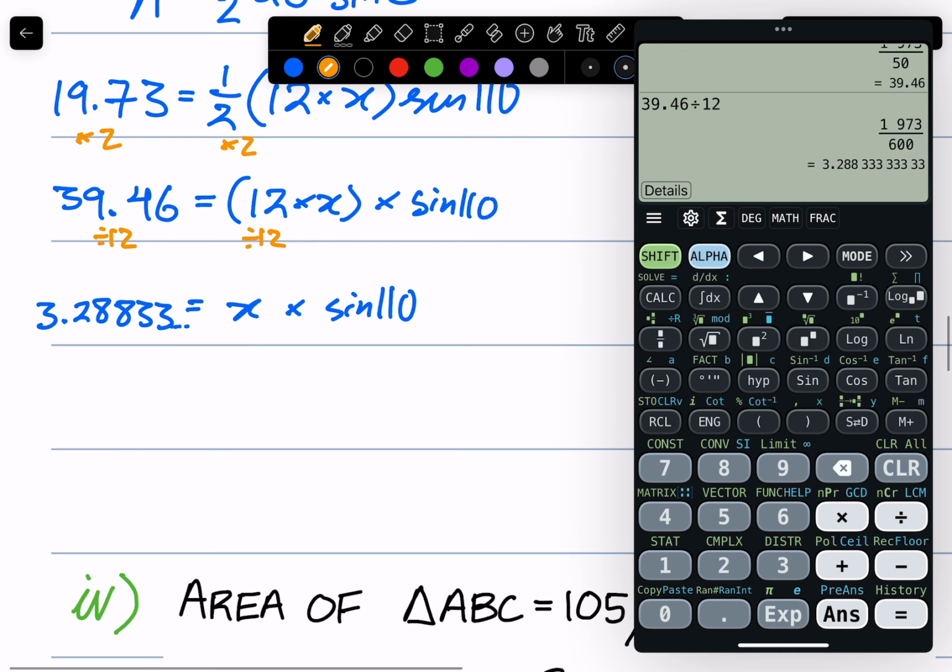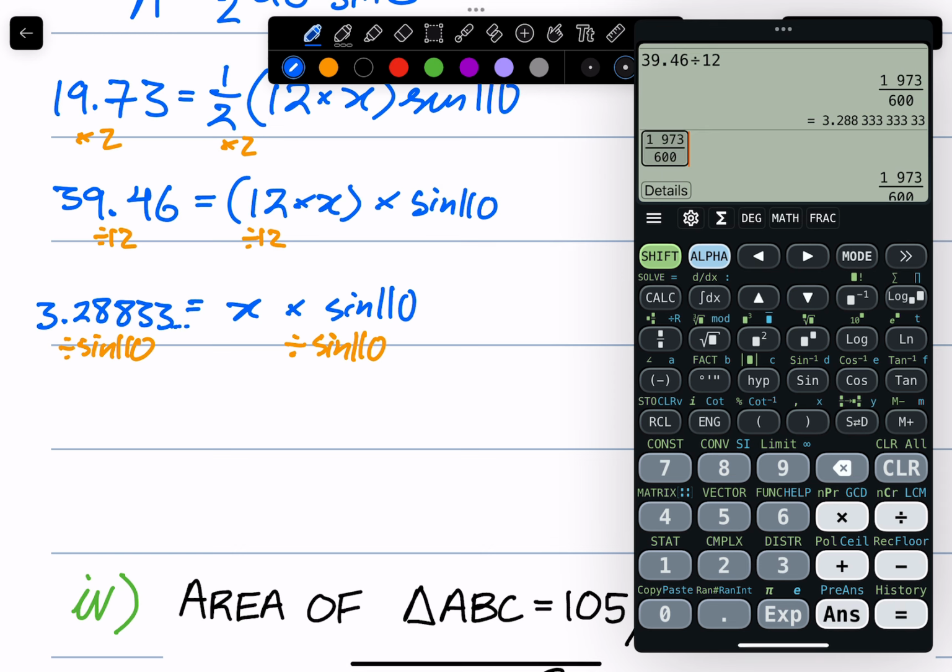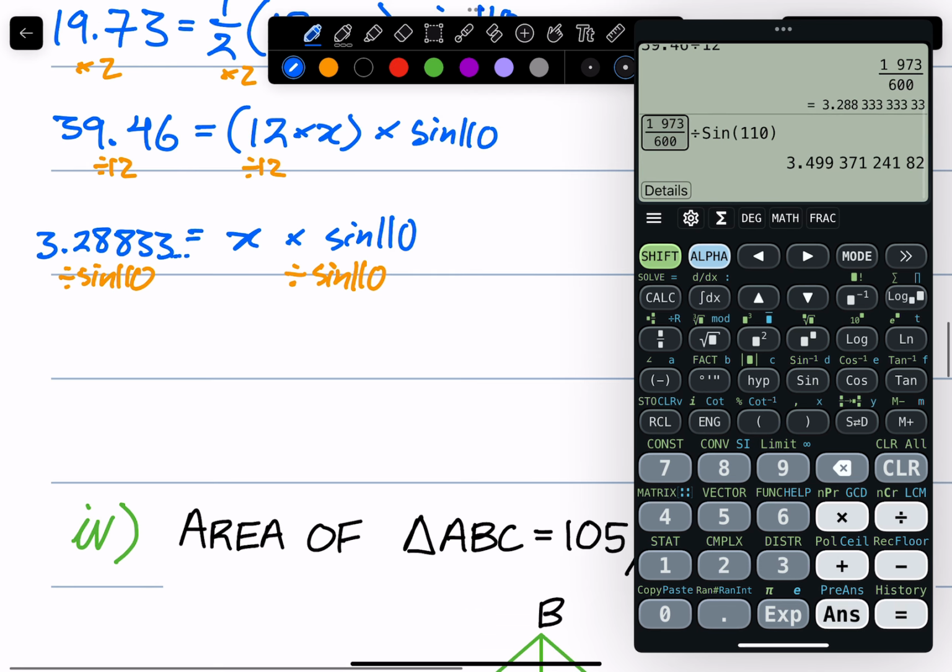And for the last step, we would divide by sine 110. We should be using the answer divided by sine 110. And there we go. This leaves us with x on its own because that cancels out.